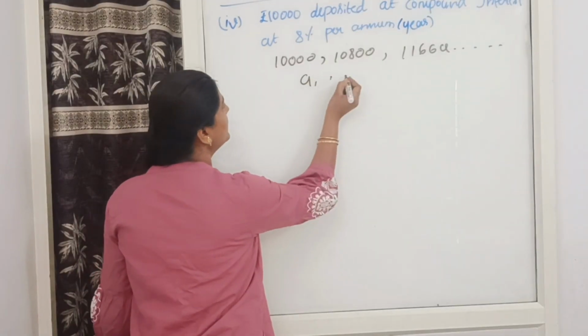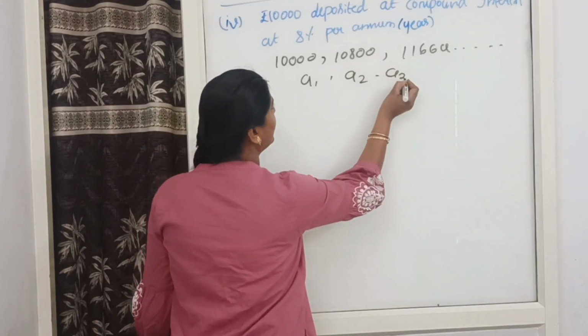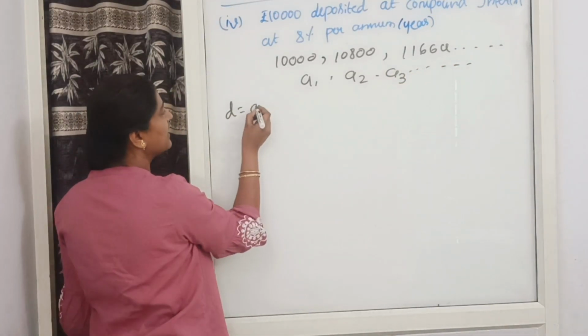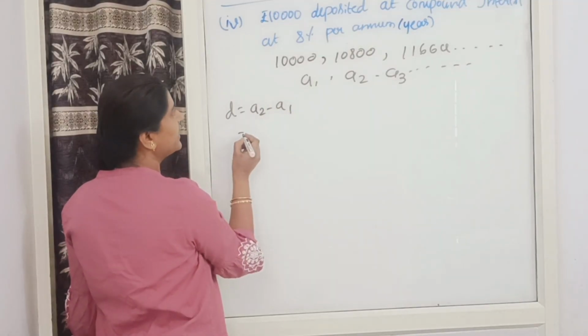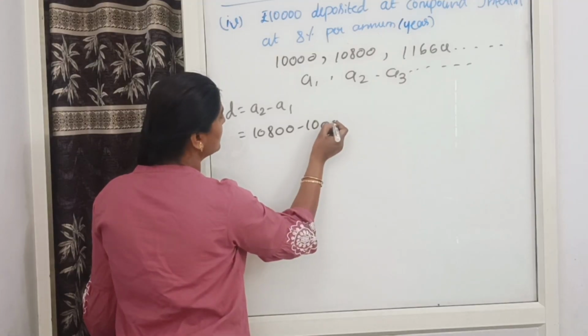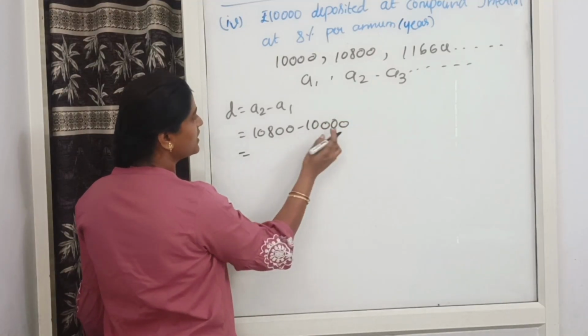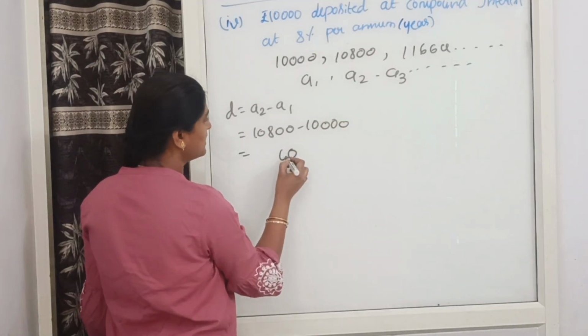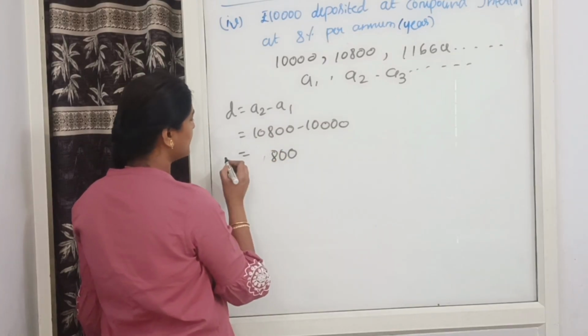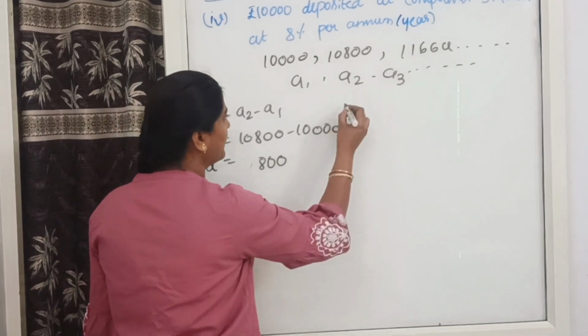So the common difference is A2 minus A1: 10,800 minus 10,000. 0 minus 0 is 0, 0 minus 0 is 0, 8 minus 0 is 8. So the first common difference is 800.